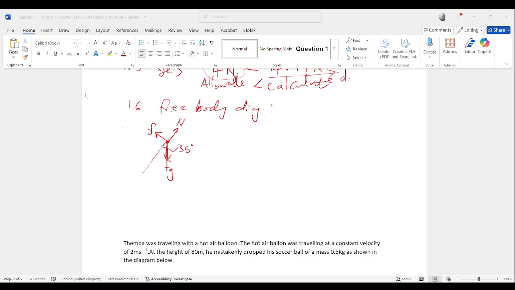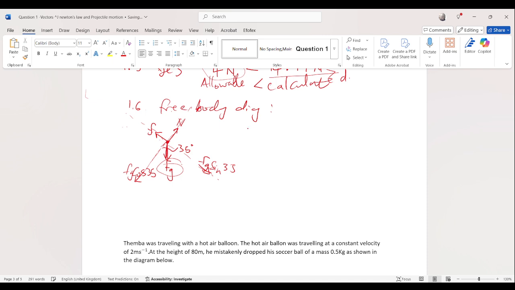Now, again, the force of gravity is a tilted force from the axis. So if it's a tilted force, we have to resolve it into components. This component, which is Fg cos of 35, and the component in this direction, which is Fg sine of 35.